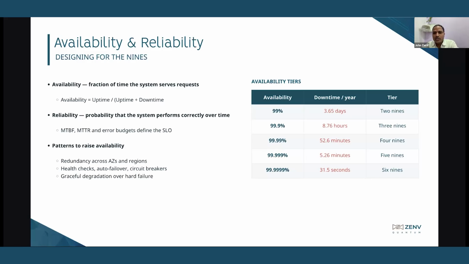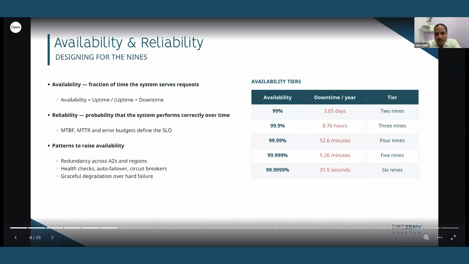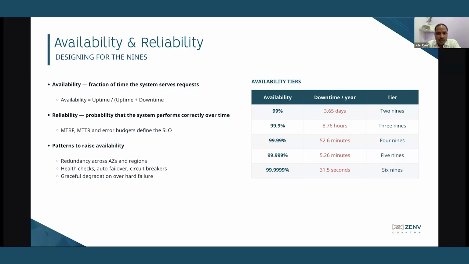It is a trade-off that we need to choose based on the application, whether we should support two nines, three nines, or six nines. 99.999 is a very highly available system. So it can serve the user most of the time, 24 by 7, with the least downtime. This is about availability, whereas reliability means we should give a proper response to the user.